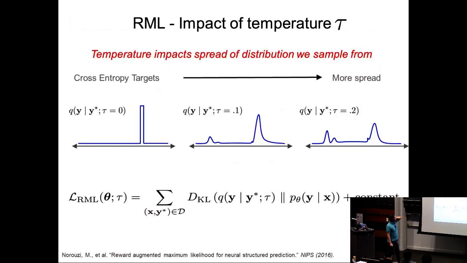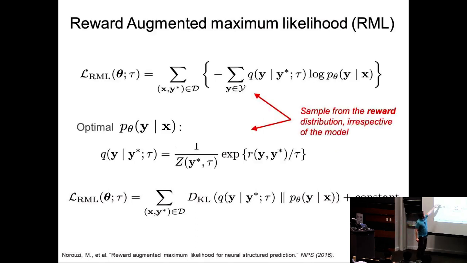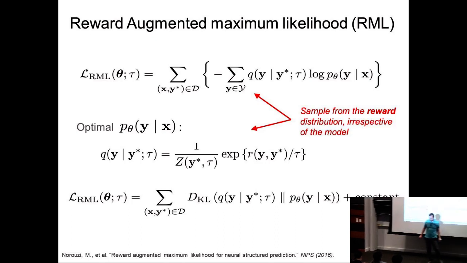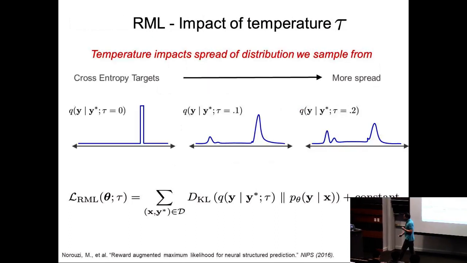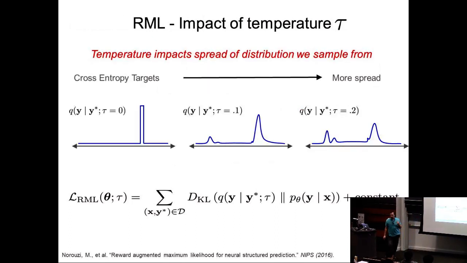But let me give you an intuition. Here's the intuition of what the model is trying to do. There is a temperature parameter tau that you have to set. If you set tau to be 0, you're recovering maximum likelihood estimation.